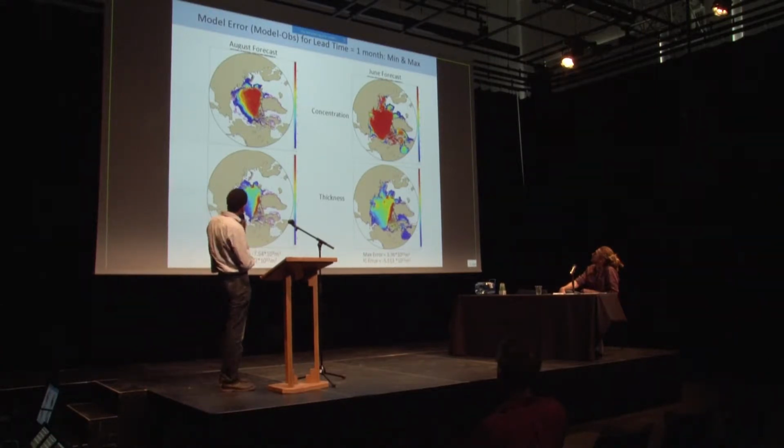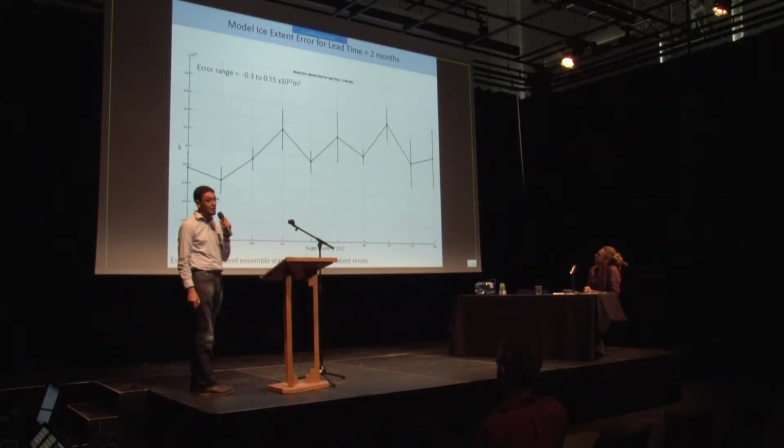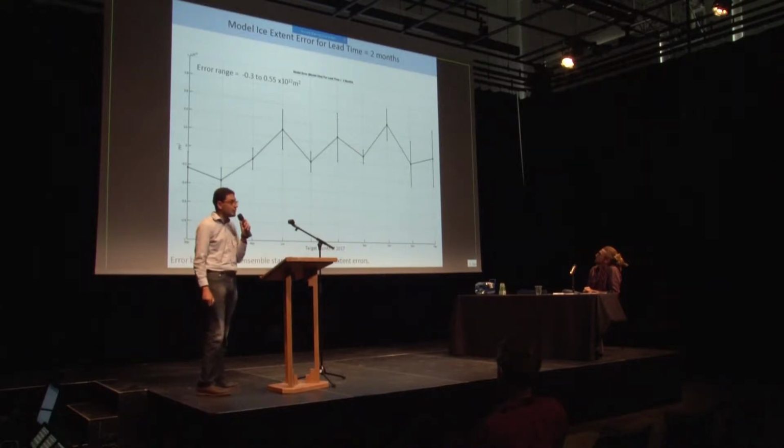So that's 1 month lead time, that's 2 months lead time, and as usual, you will find this feature. June will always be a local maxima in error. It was an absolute maxima in error in the 1 month lead time, but in the 2 months lead time, it actually was negative before, negative after, and got positive and very divergent in terms of the forecast ensemble.